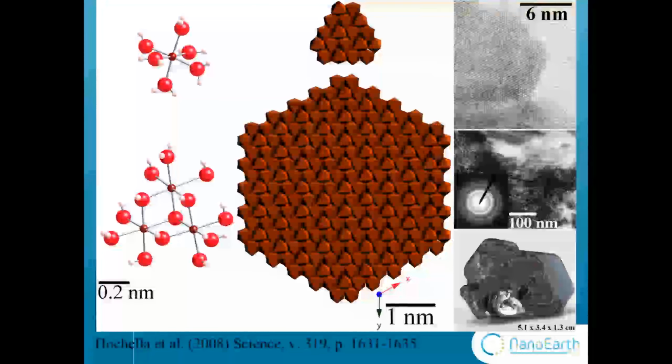So just to give you a little bit more detail on this, in this picture in the upper left is an iron atom in the middle that's coordinated to 6 water molecules. And so when iron is truly dissolved in ocean water or river water or lake water or groundwater, that's what it looks like.